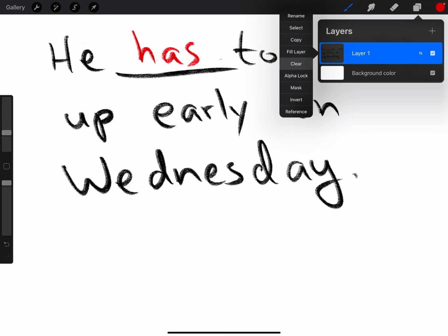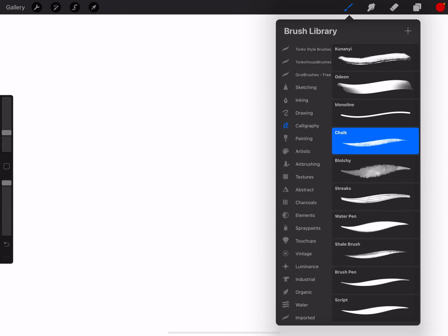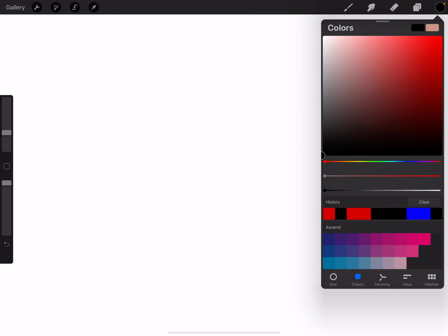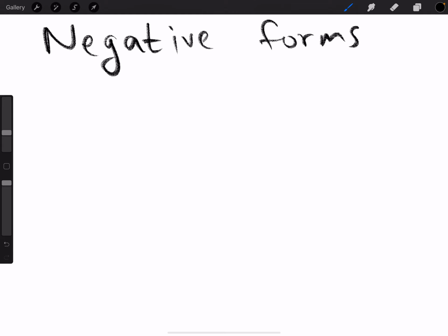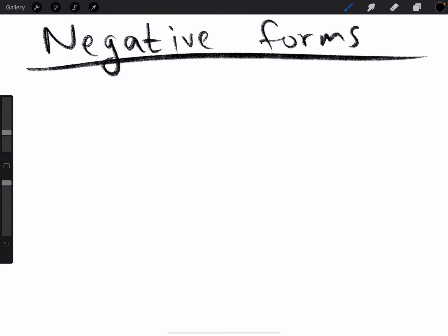Now, something interesting happens when we use the negative form. Okay? So when we use the negative form of must is must not.